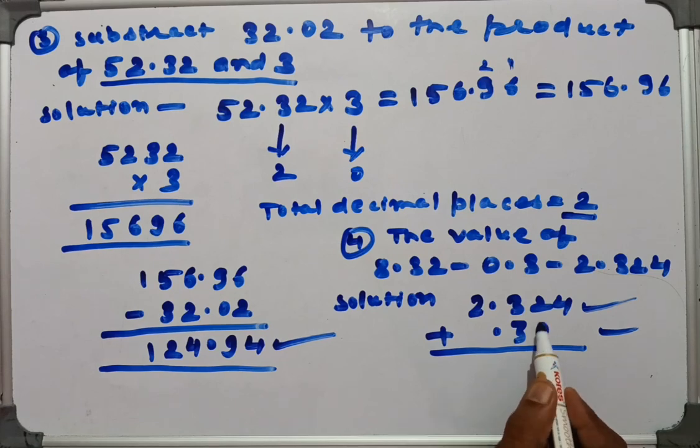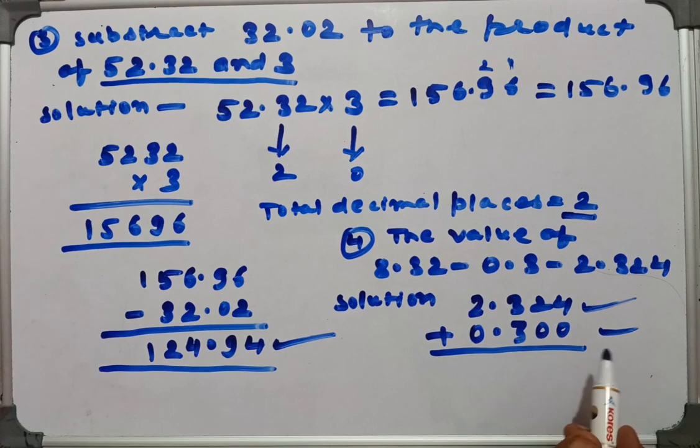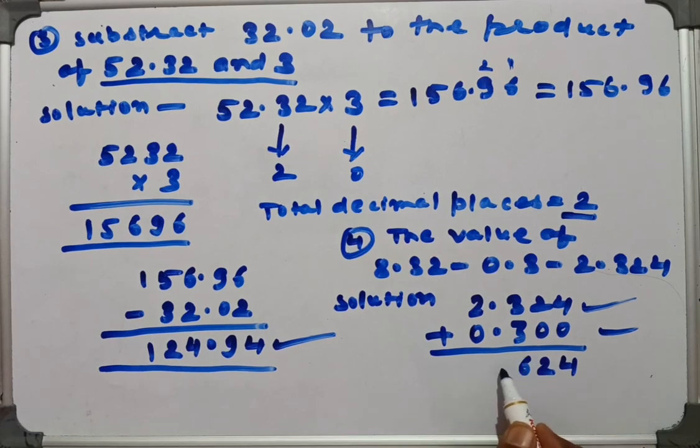So put 2 zeros here, and put a 0 before the dot. Now make the addition: 4, 2, 6, 8.2.